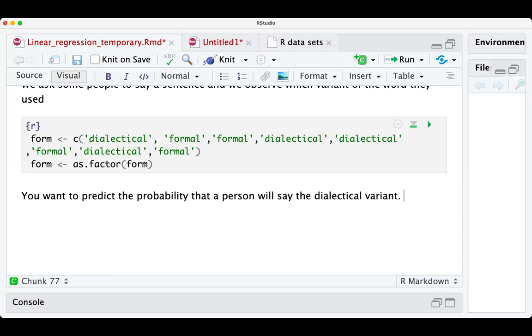So this is a very simple task, and the model here is usually the same. Every person says the variant that each person says is independent from the other people, from what the other people said. And what to do now?